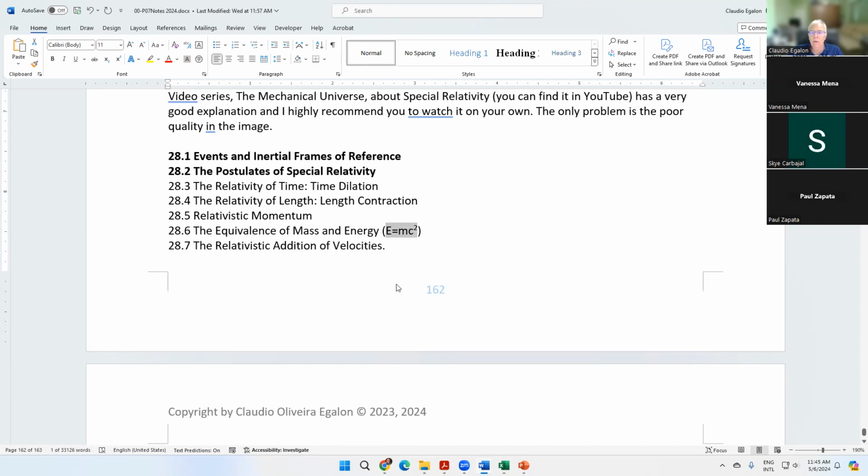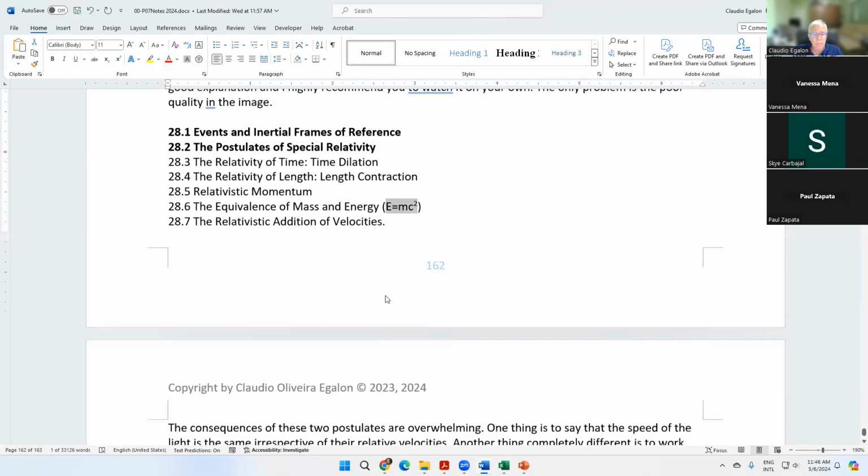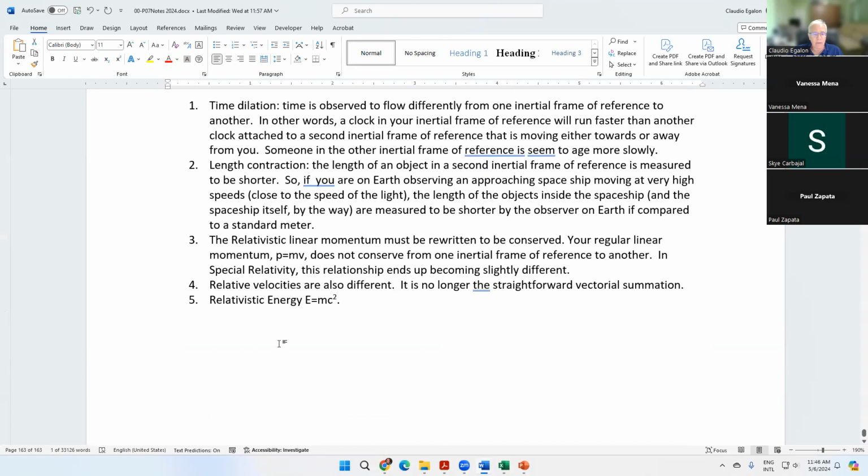It's a huge amount of energy because we're talking about a large number, 300,000 kilometers per second squared. That was the beginning of atomic weapons and atomic and nuclear energy. Einstein predicted the huge amount of energy that can be generated by a mass. So those are five important consequences of that simple postulate that we saw.